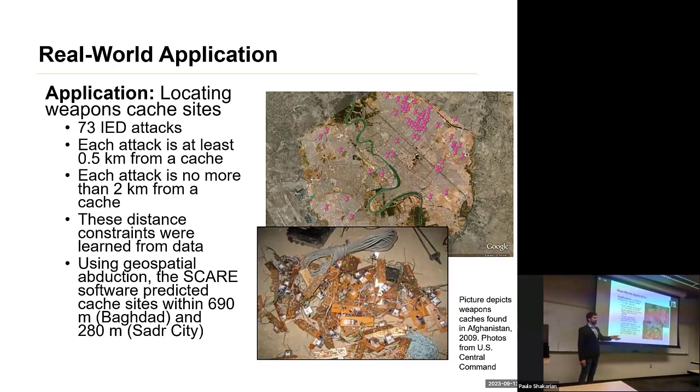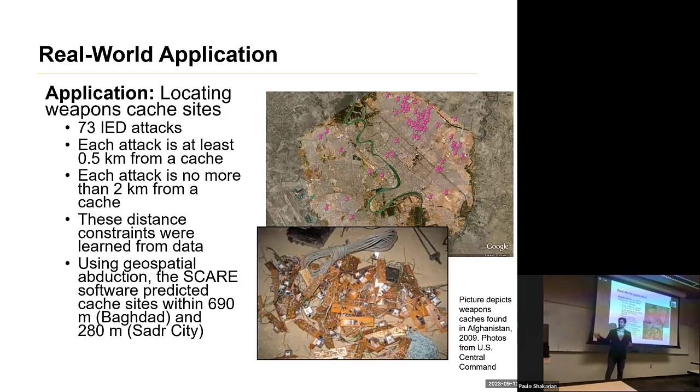And maybe just by looking at some stats of the data, we know that for the most part, these bombs are going to be located anywhere from half a kilometer to 2 kilometers away from where they're storing these munitions. And the idea is that if you see where all these attacks are occurring, the bad guys can't be storing their munitions, hiding them somewhere too close, because right after the attack happens, everyone wants to search there, police or the military.